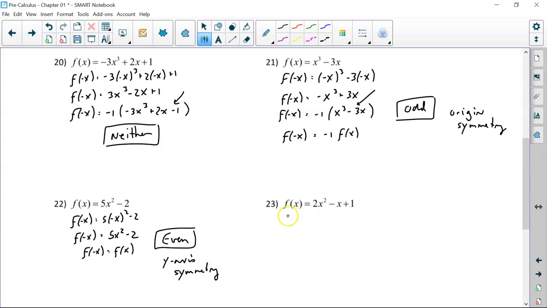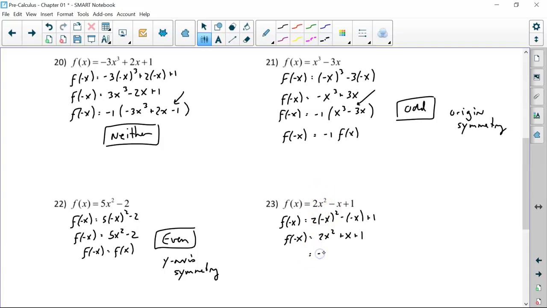Number 23. f of negative x equals 2 times negative x squared minus negative x plus 1. Square the negative, you get a positive, so it's 2x squared plus x plus 1. Now we can look, it's not the same, so it's not even.